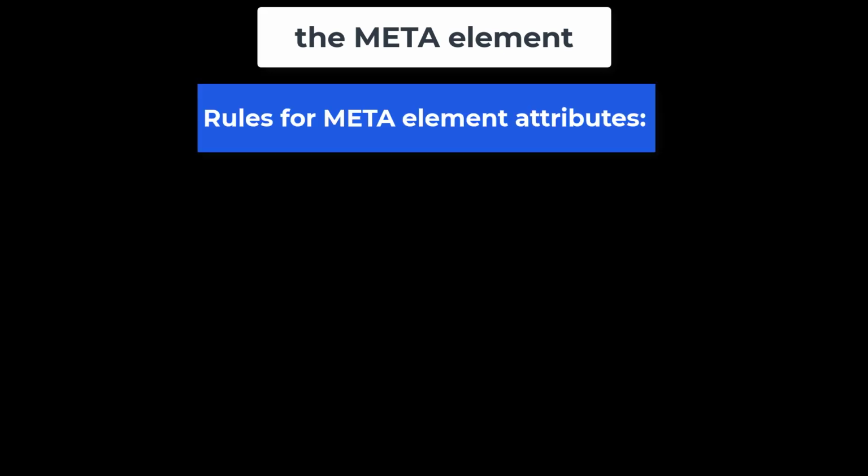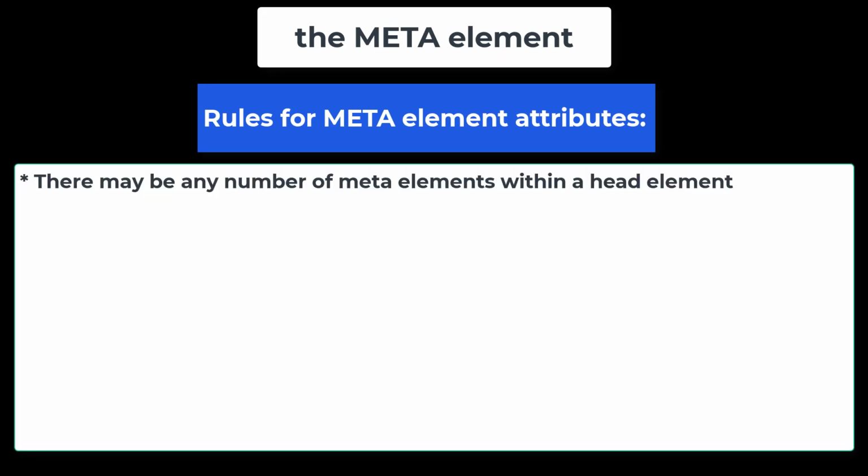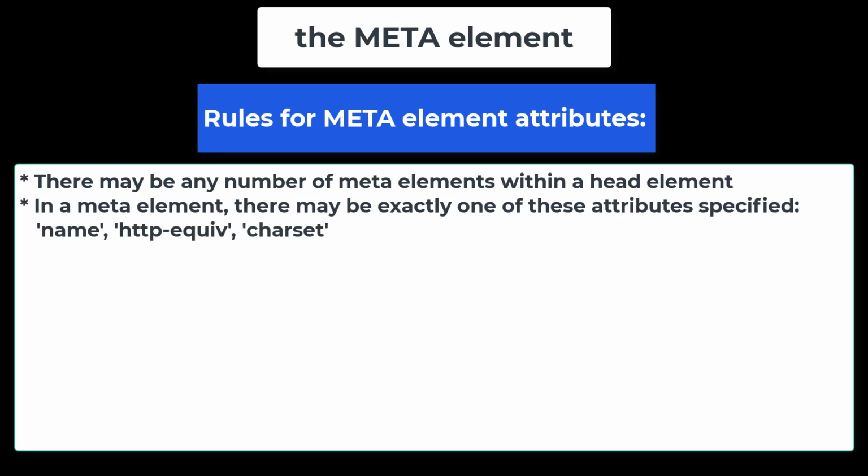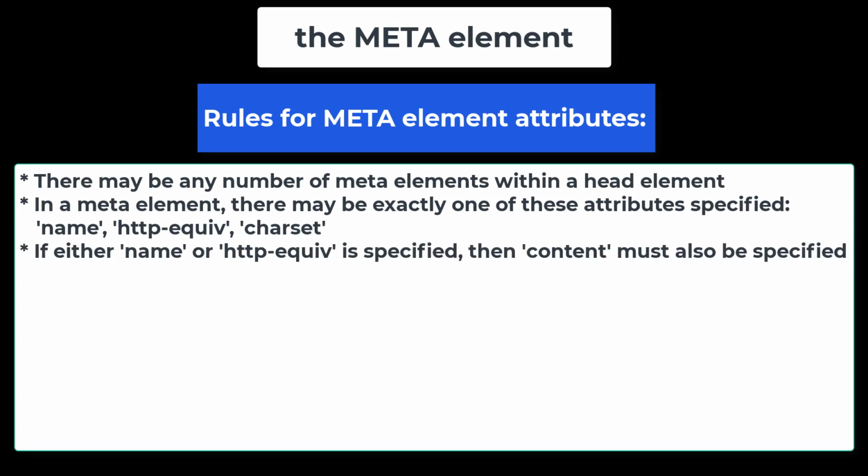Here are the rules for meta element attributes summarized. There may be any number of meta elements within a head element. In a meta element, there may be exactly one of these attributes specified: name, HTTP equiv, or charset. If either name or HTTP equiv is specified, then content must also be specified.